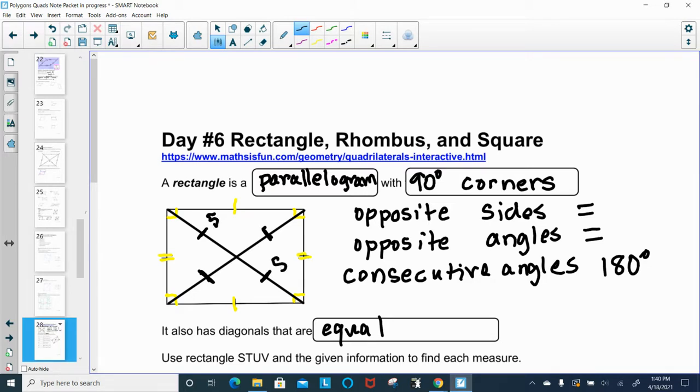But if the other diagonal is equal to it, because it's a rectangle, then it's also going to be 10, and these would be 5 and 5. Now, I just made that number up. That's not something like a problem you should have in your packet. But I was just trying to come up with diagonals that were the same length. And what happens when we split them into halves? They're going to have the same half length.